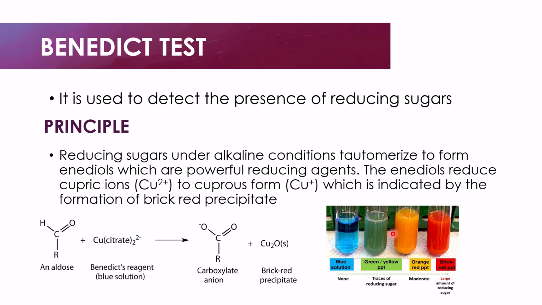As we can also see from this result, a blue color indicates a negative result for a Benedict test. A green or yellow precipitate indicates traces of reducing sugar, an orange red precipitate indicates a moderate amount of reducing sugar, and a brick red precipitate indicates a large amount of reducing sugar.